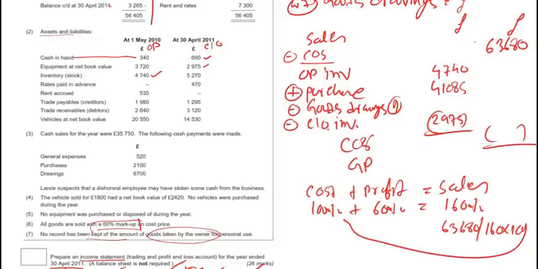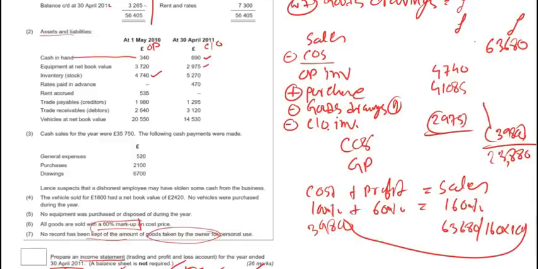Let me get my calculator. The answer is 39800. You write down here 39800. Let's take it away from the selling price to get a gross profit, which is 23880.